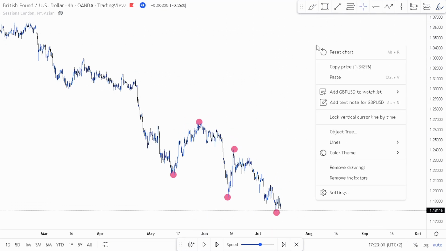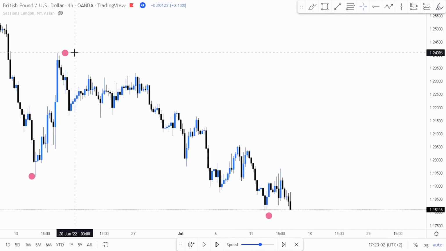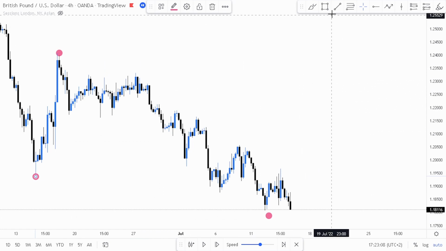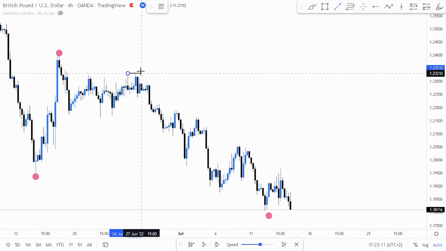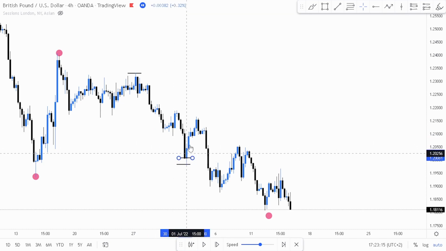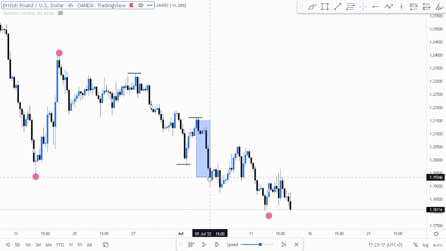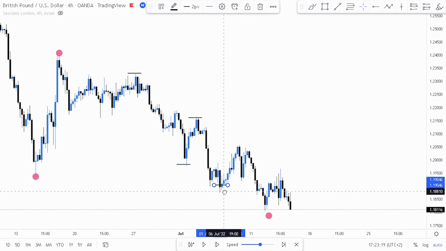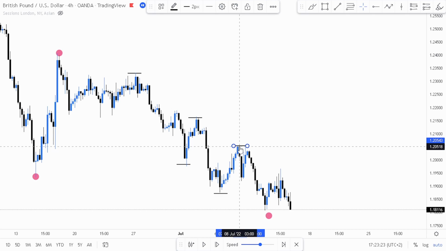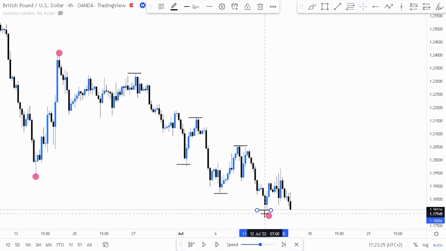The major swing levels are marked out in pink, but in between these levels we can tell that we are in a bearish market, meaning price is going down as we are creating lower lows and lower highs, and this is our most recent lower low.